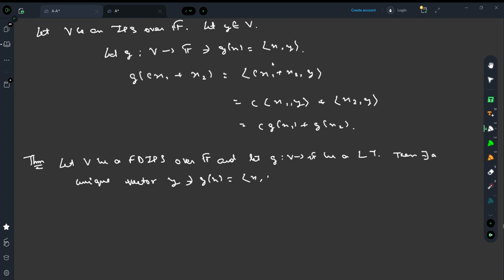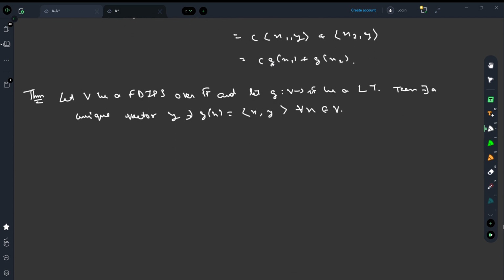Then there exists a unique vector y with respect to which g can be defined, such that g of x is the inner product of x with y, and this holds for all x in V. Okay, so let's prove this.